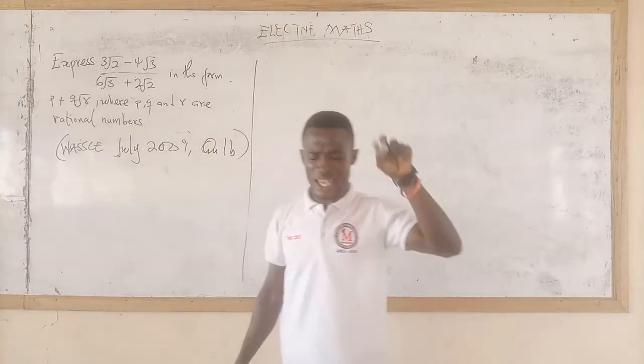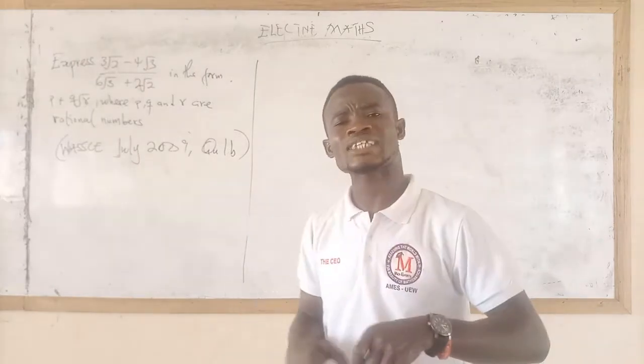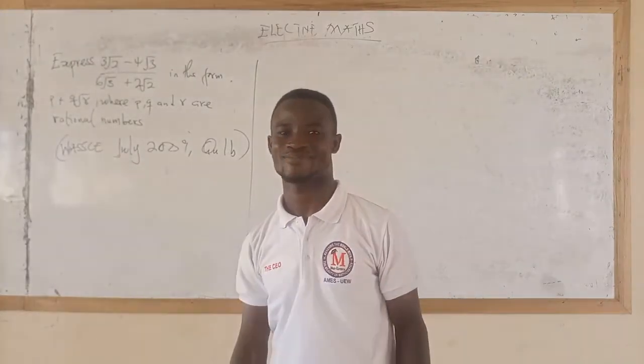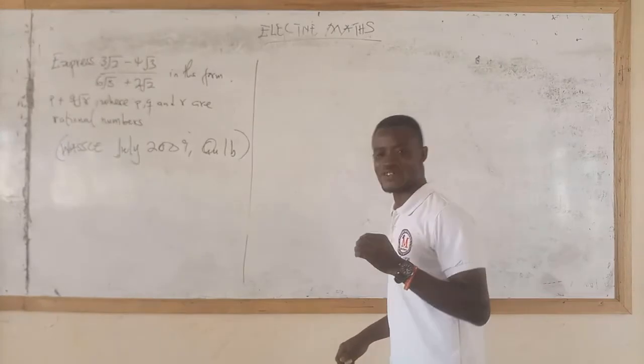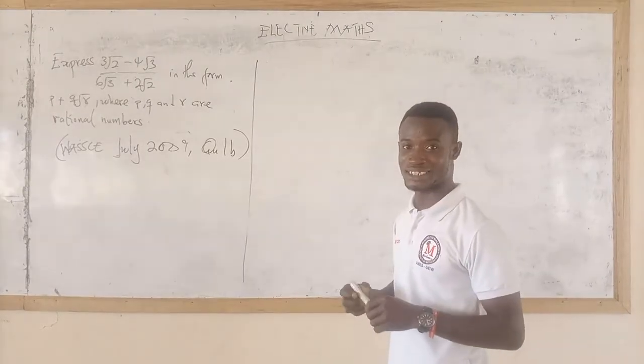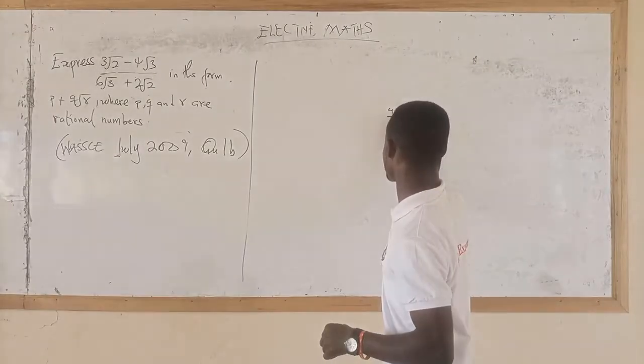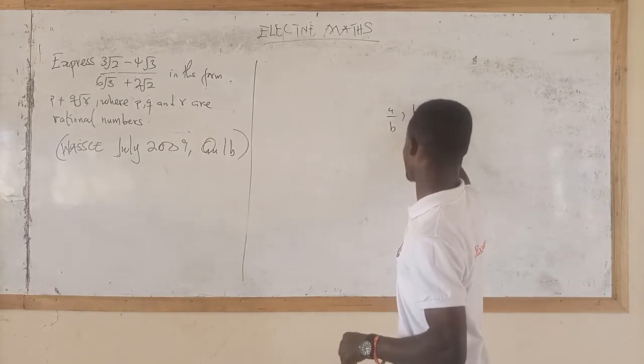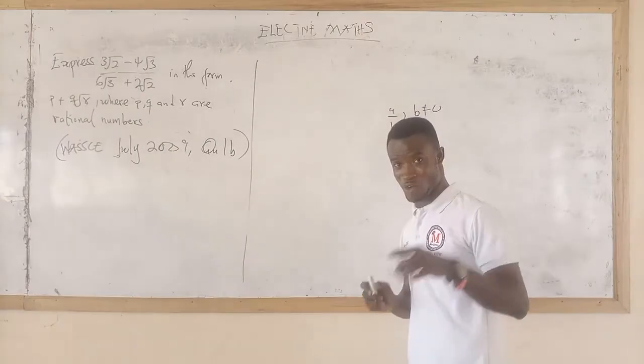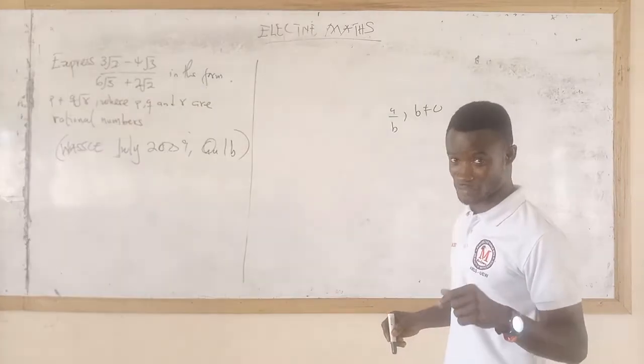Now, the first thing to know is: what are rational numbers? Rational numbers are numbers that can be expressed in the form A over B, where B can never be equal to 0, because for B to be equal to 0, the function will be undefined.